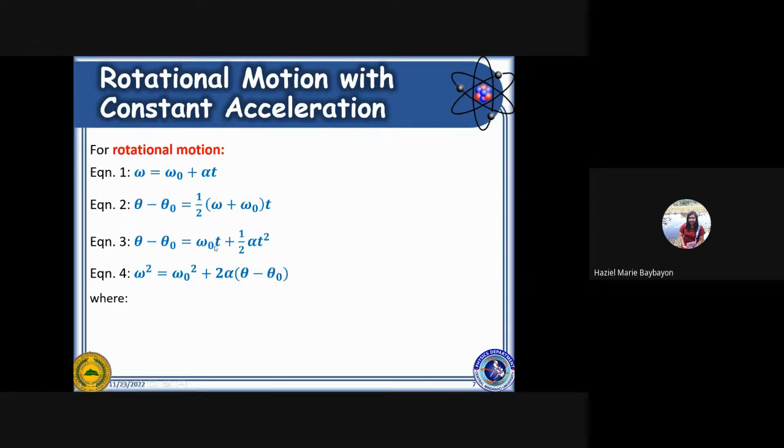Okay, so this equation is correct. We can also use another equation since we know omega and omega naught, but let's try this one.